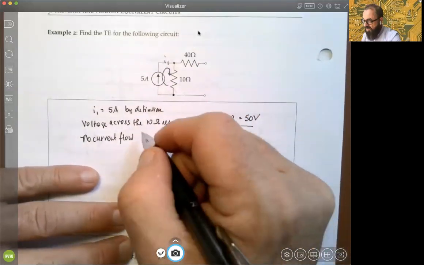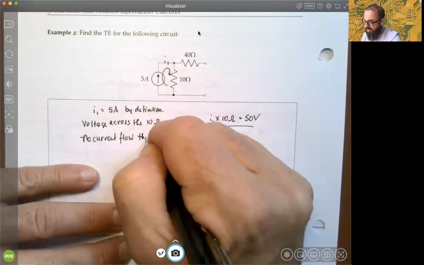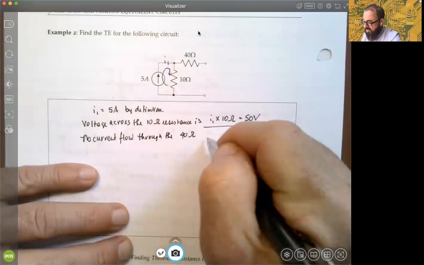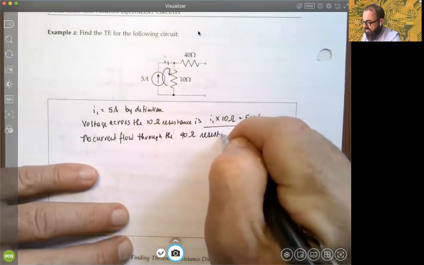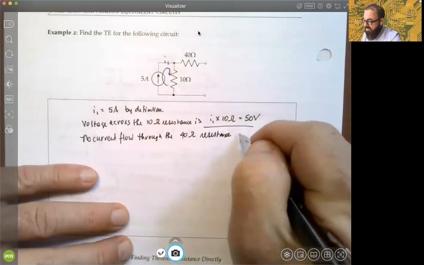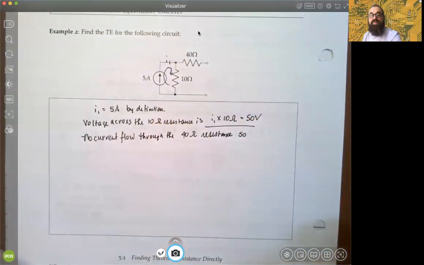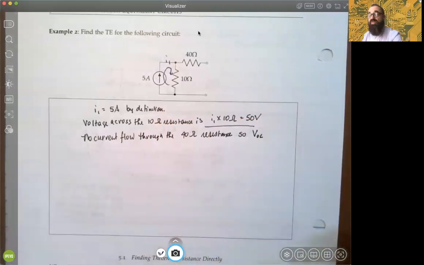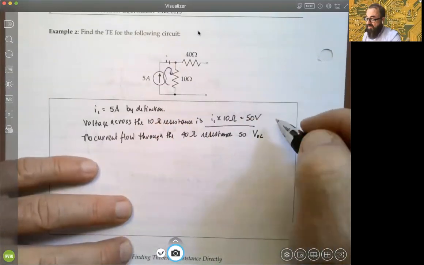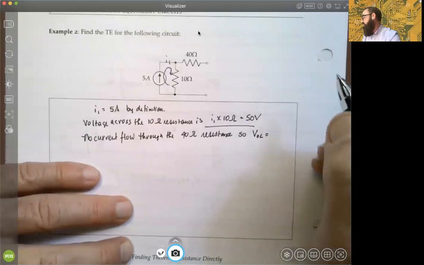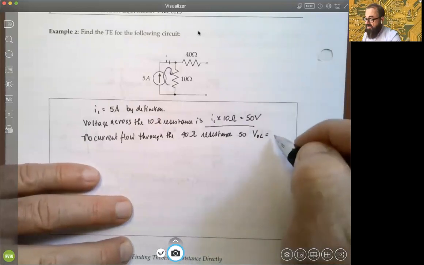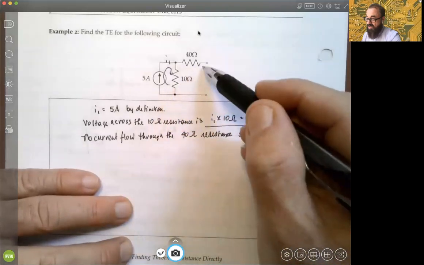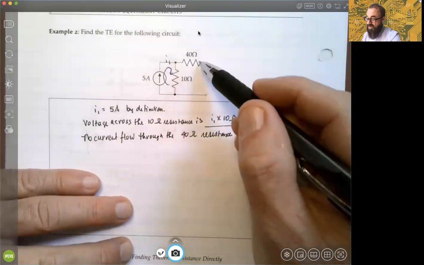So there's no current flow through the 40 ohm resistance, okay? So from the perspective of voltage, what is the voltage of the open circuit, all right? We already know that it has to be whatever, in other words, there's voltage here, there's no current, right?